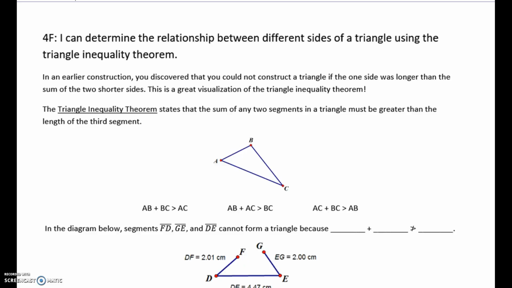It states that the sum of any 2 segments in a triangle must be greater than the length of the third segment. So, for example, AB plus BC must be greater than AC, and so on and so forth.